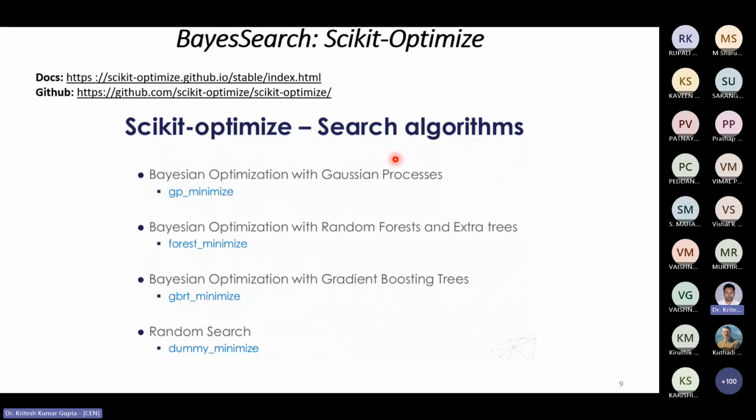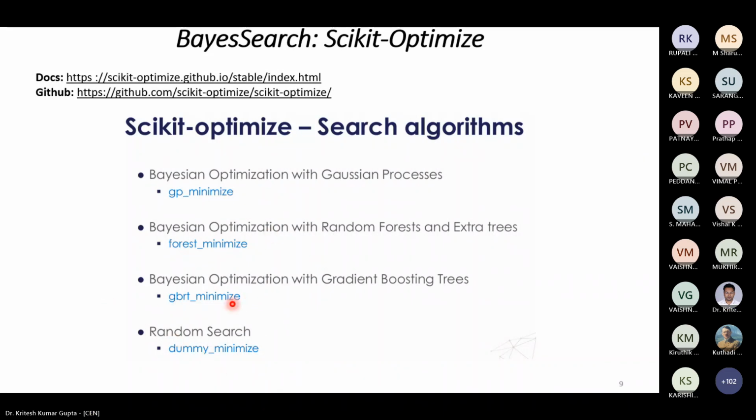Now there are different search algorithms involved with scikit-optimize. The first one is associated with Gaussian processes, that is gp_minimize. The second one is associated with random forest and extra trees, forest_minimize, then gradient boosting trees, gbrt_minimize, and random search, that is dummy_minimize.